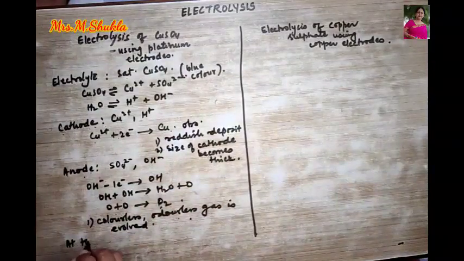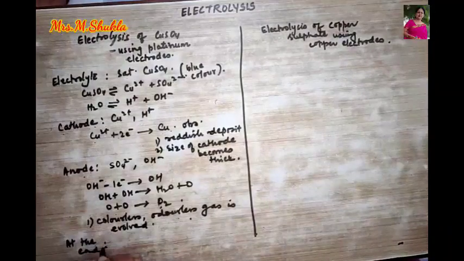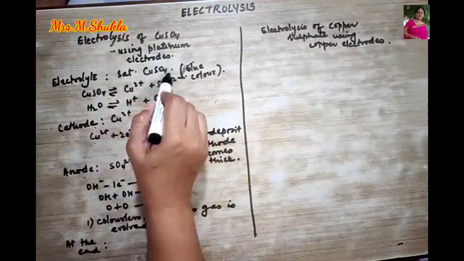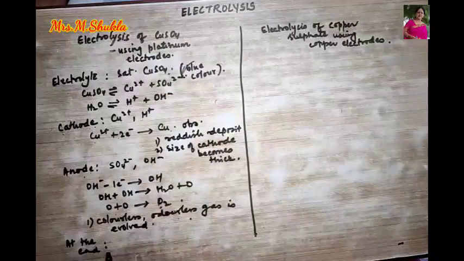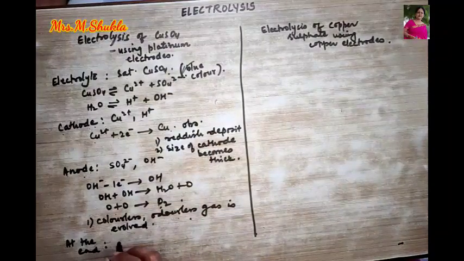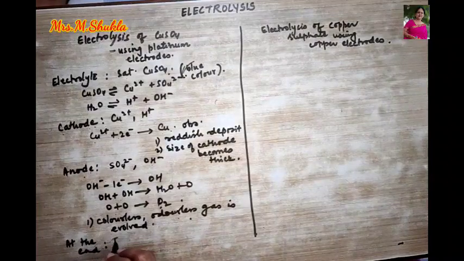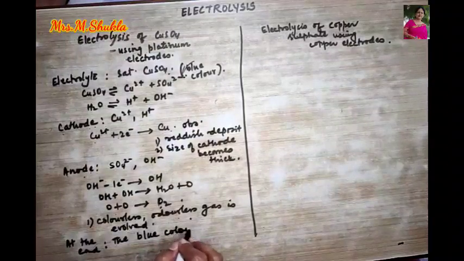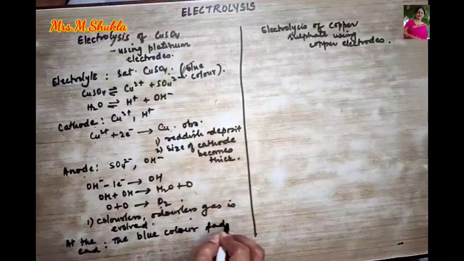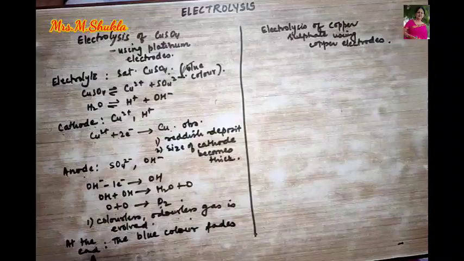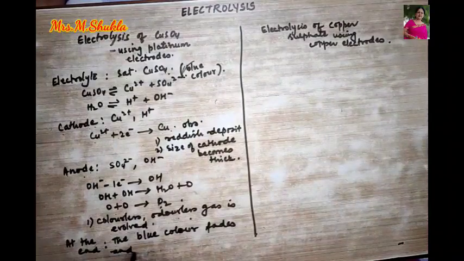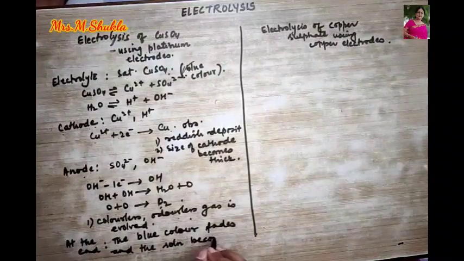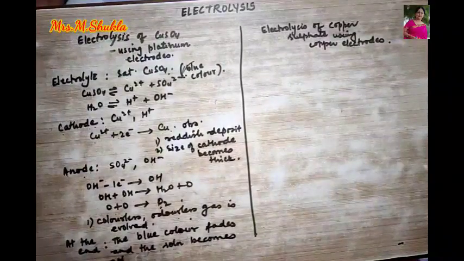At the end, we observe that the blue color, which was initially of copper sulfate, right, has faded out. So what do we write down over here? That the blue color fades and the solution becomes colorless.